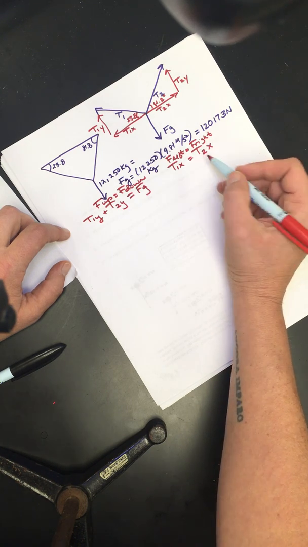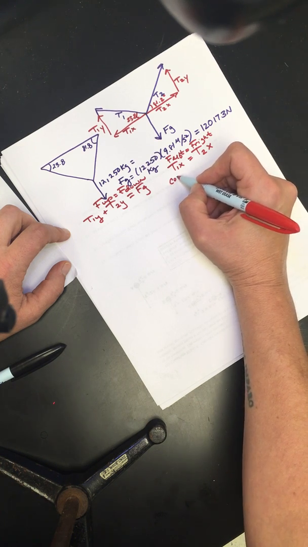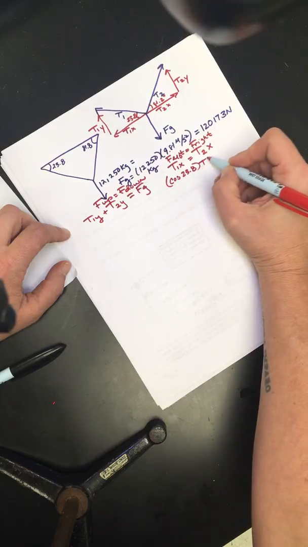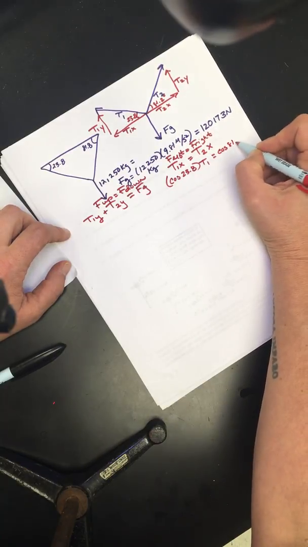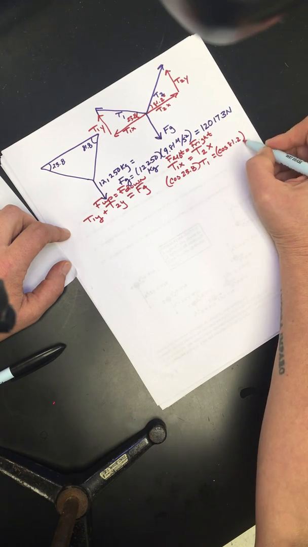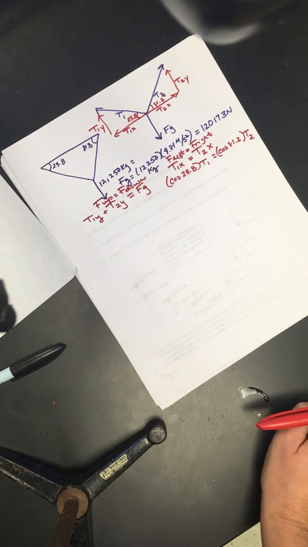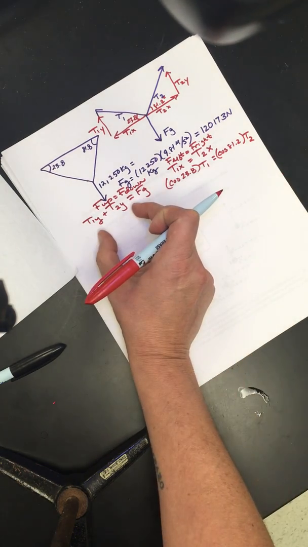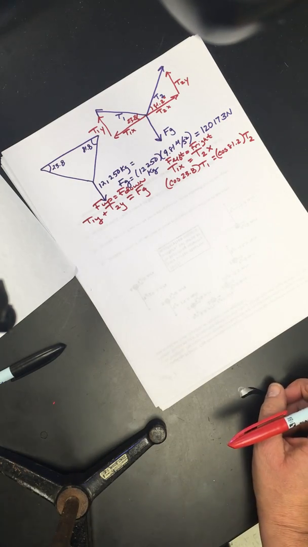Okay, so this one is my cosine function, so I know that T1x is going to be cosine of 23.8 times T1, and that will equal the cosine of 81.2 times T2. That's going to be really helpful for me later, because I'll be able to substitute this into this, and that way I can get rid of either T1 or T2.